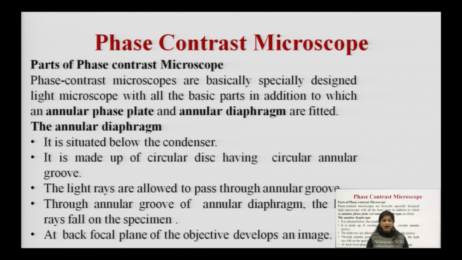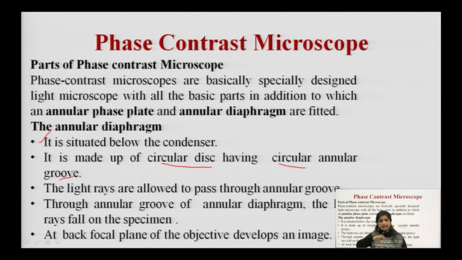So, why was the annular diaphragm attached? First, it is situated below the condenser. It is made up of a circular disc having annular grooves. Annular grooves are always there within the annular diaphragm. Those grooves allow light to pass, and the light will only pass through the grooves.